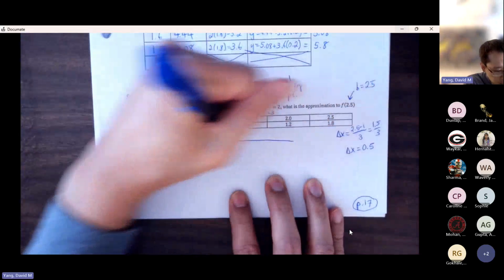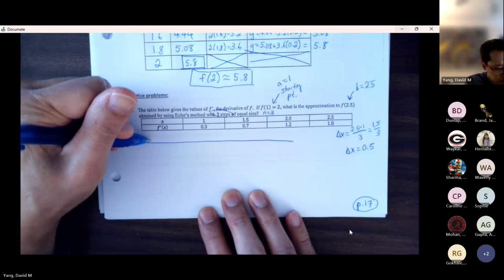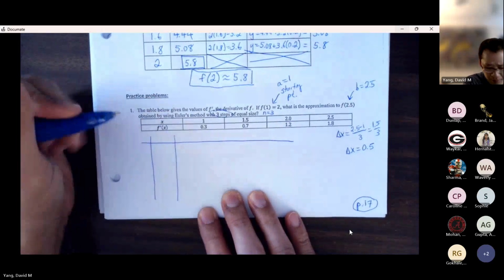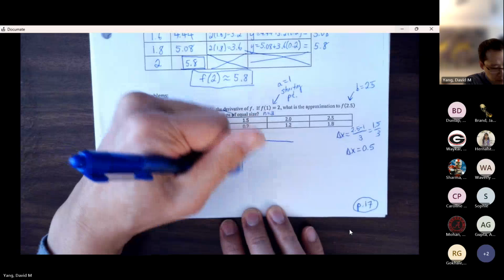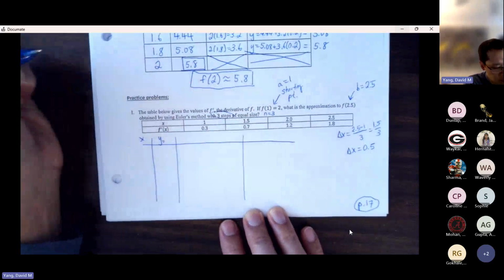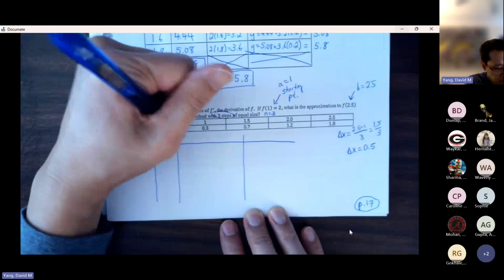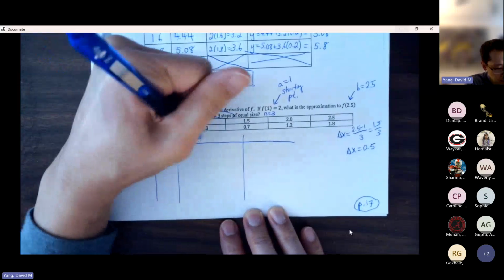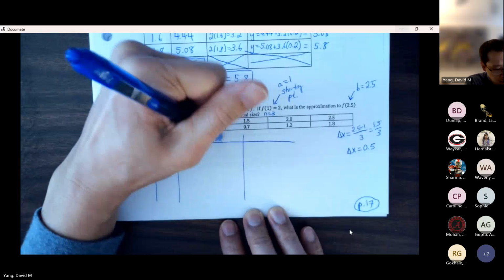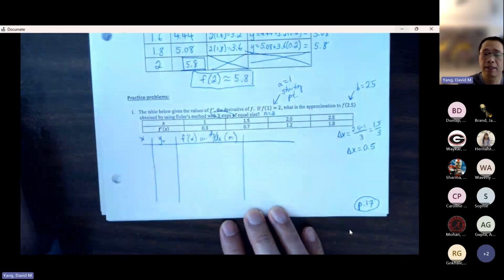Okay, let me build my table here. This is my x, this is my y sub 0, this is my f prime, or delta x, sorry, or dy dx, or slope, whatever you want to call it.